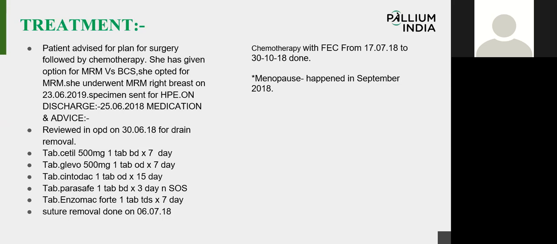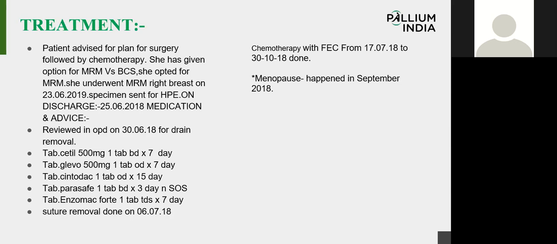First she was advised to visit OPD after 5 days for drain removal, and the advised medicines are Cetyl 500 mg, that is ciprofloxacin, 1 BD for 7 days, levofloxacin 1 tablet OD for 7 days, Sintodec OD for 15 days, Paracet BD for 3 days, and SOS, and a tablet 1 TDS for 7 days.